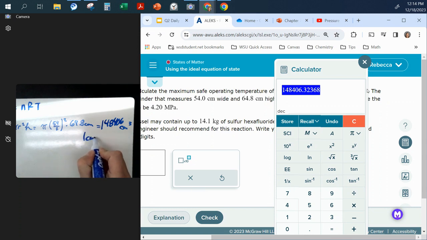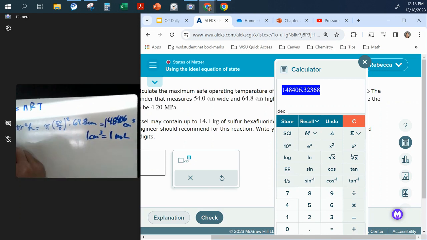1 centimeter cubed is the same as 1 milliliter. That's true. So we can just say it's actually in milliliters. Well, we actually want this in liters.